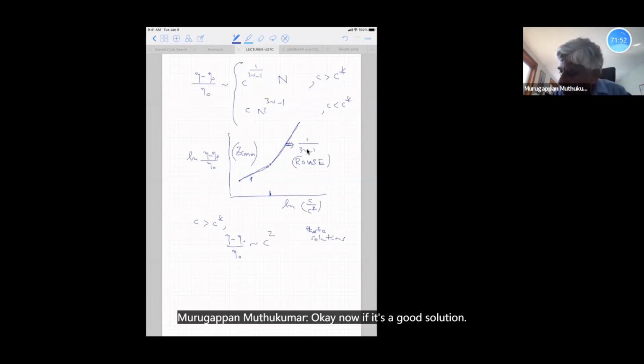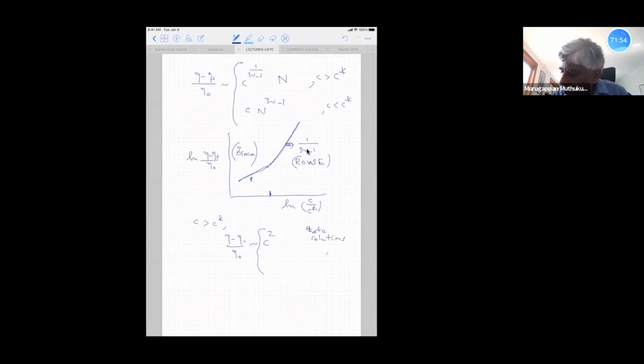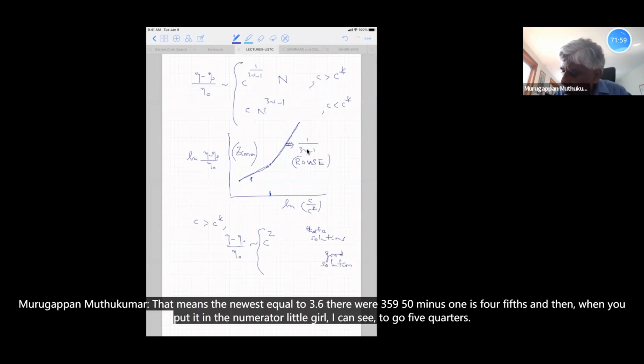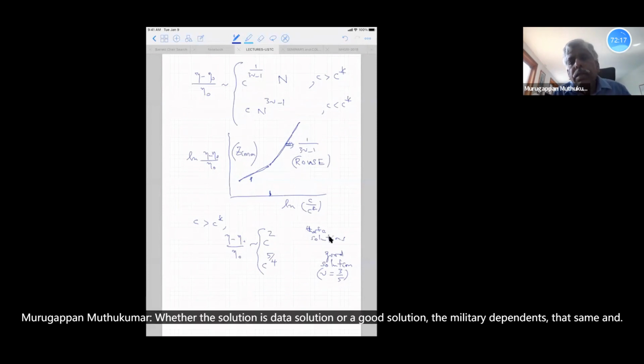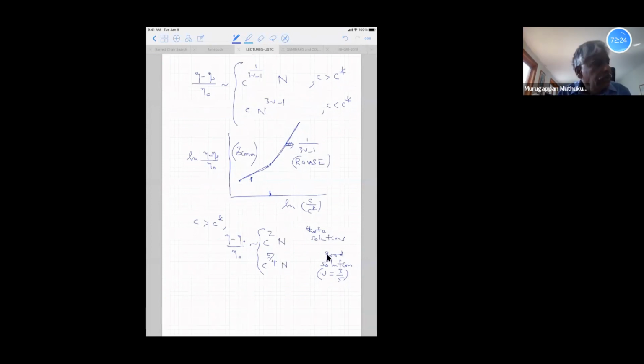Now, if it's a good solution, that means nu is equal to 3/5, 0.6. If it's 3/5, 9/5 minus 1 is 4/5. And when you put it in the numerator, this will go like C to the 5/4. But independent of whether the solution is a theta solution or a good solution, the molecular weight dependence is the same, N and N.